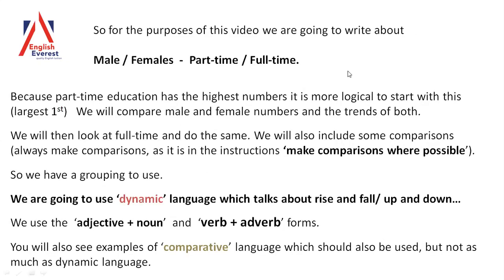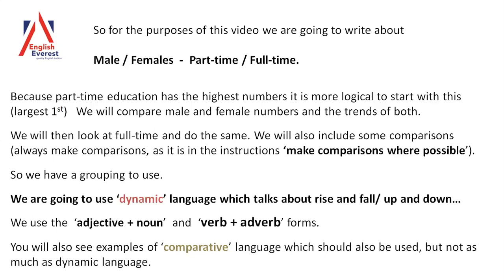So for this video, we're going to do males, females, part-time, full-time. Now remember, the grouping is going to be part of the paragraphs, but the main focus of this is to make sure that you're comfortable looking at and producing dynamic language. Because part-time education was the highest, it's more logical to start with this.